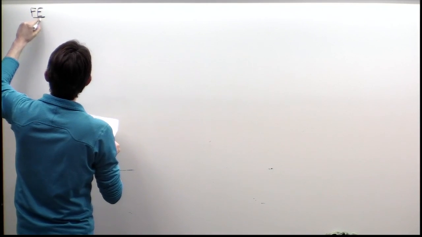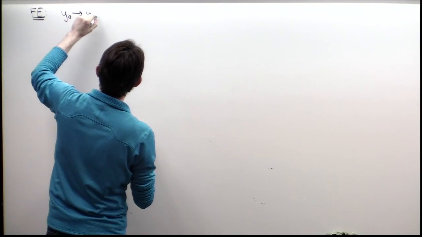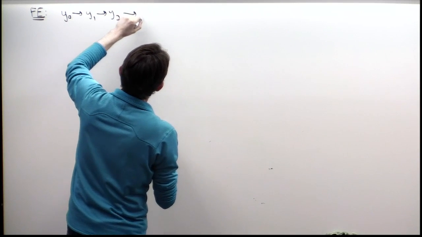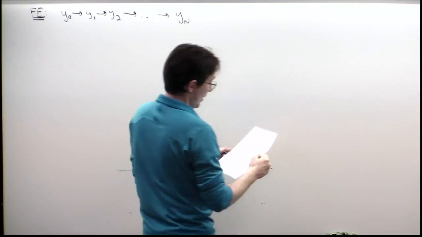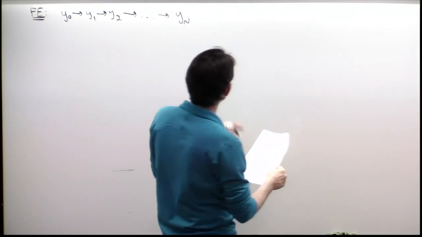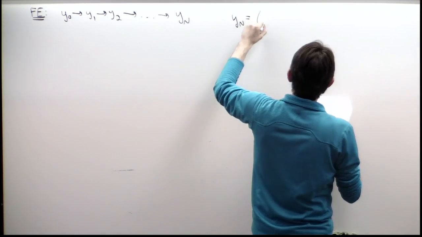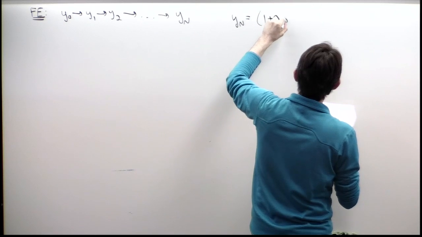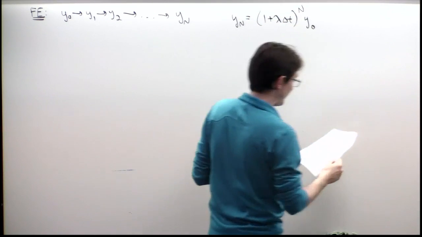In my forward Euler scheme, I have a trajectory y0 goes to y1, goes to y2, and so on, goes to yn. And in this case, we can write down exactly what yn equals because our system is so simple. So yn equals (1 plus lambda delta t) to the n power times y naught.